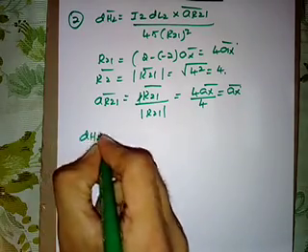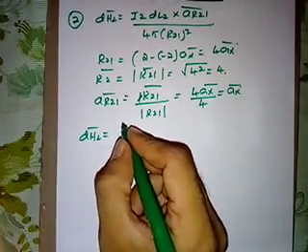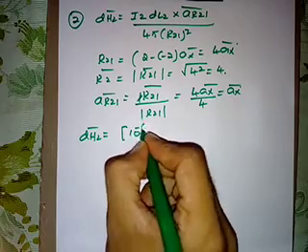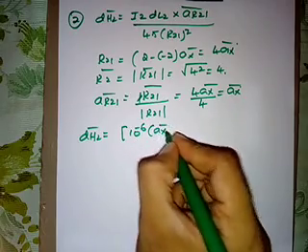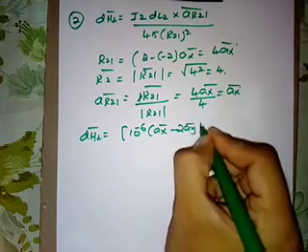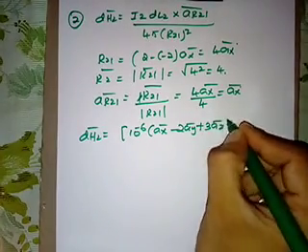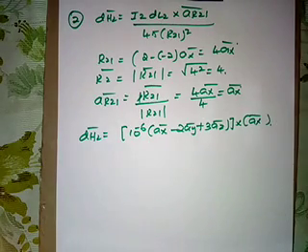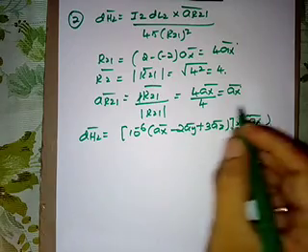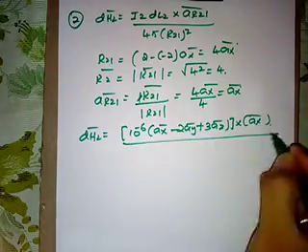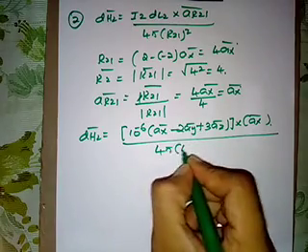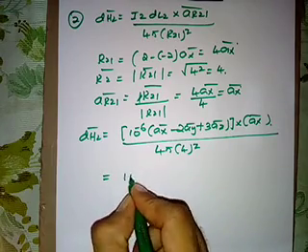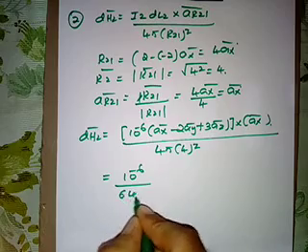Next, dH2 bar is given by I2 dl2, which is 10 raised to minus 6 into ax bar minus 2 ay bar plus 3 az bar, into ax bar, that is aR21 bar, divided by 4 pi into 4 square. On simplification we get 10 raised to minus 6 divided by 64 pi.